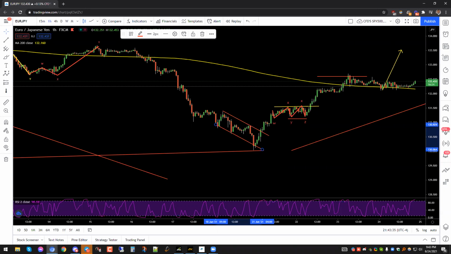So you need to know what a diagonal formation is. You need to understand that you can have a diagonal in a wave 5. And when you find a diagonal in a wave 5, it means that it's an ending formation. Okay, so that will end the move to the downside and either put you into a correction or you can go into a full out reversal back to the upside.